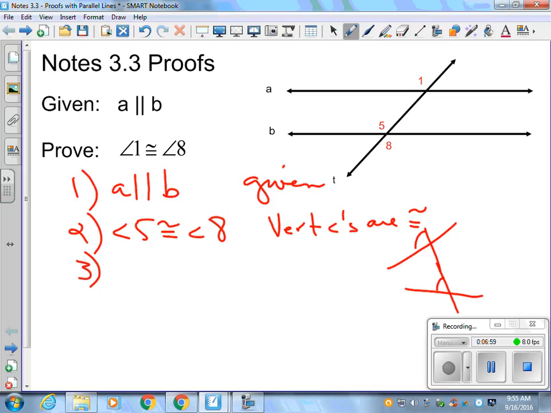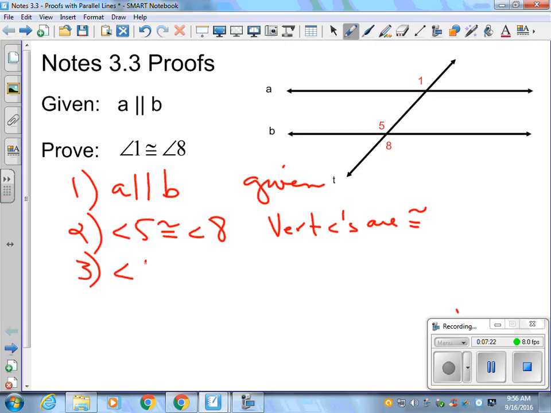But are they always equal? What forces them to have to be equal? The parallel lines. Okay. So the idea is, without the parallel lines, I would not have that 1 and 5 are corresponding and that they're equal. They'd just be corresponding without the parallel lines. Does everybody see that? Okay.